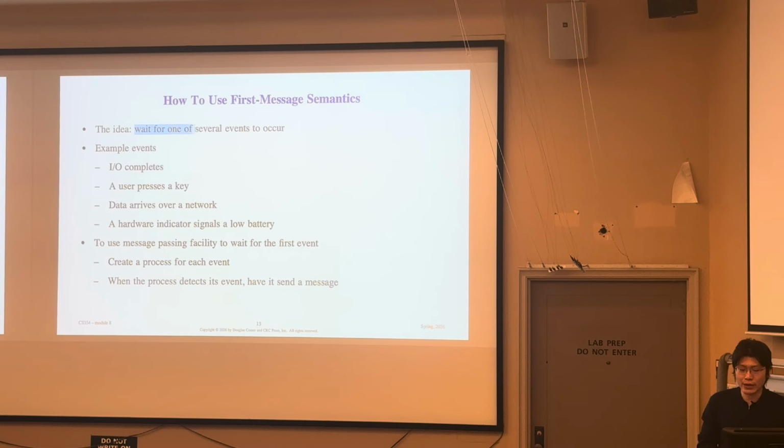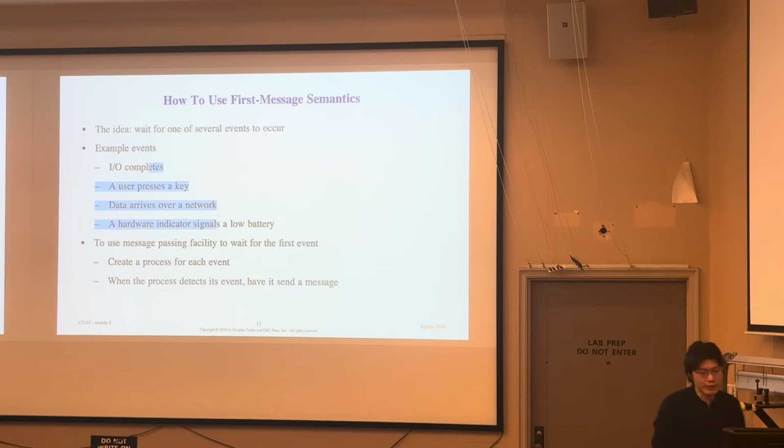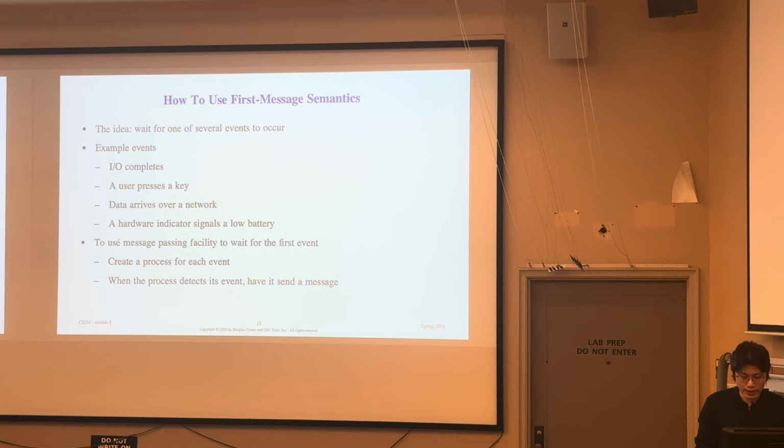You wait for one of several events to occur, such as IO complete, a user pressing a key, data arriving over the network, or a hardware indicator signaling a low battery. These are all interrupts. You wait for these to happen, and you use the message passing facility to wait for the first event. Create a process for each event, and when the process detects its event, have it send a message.